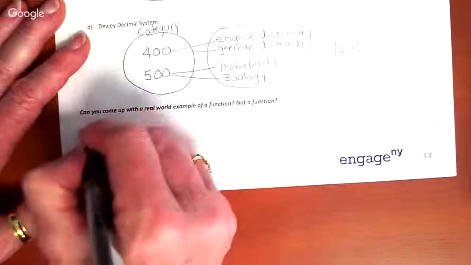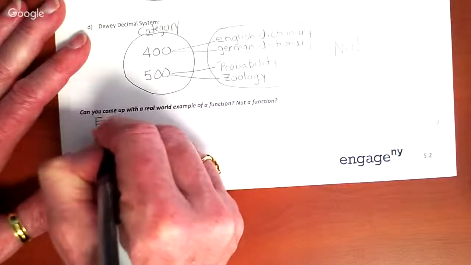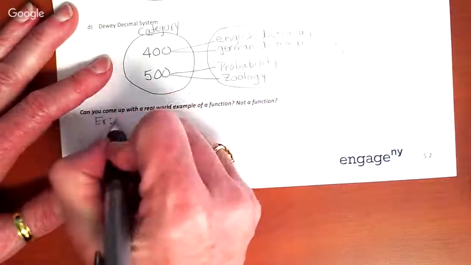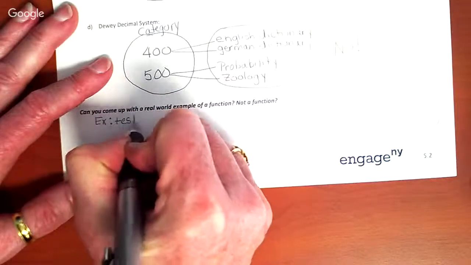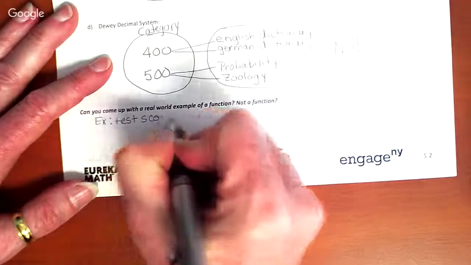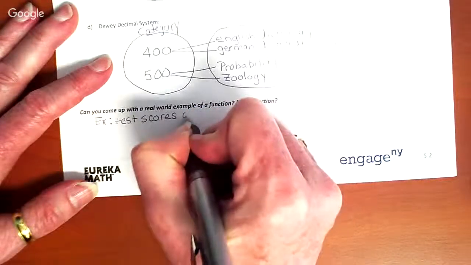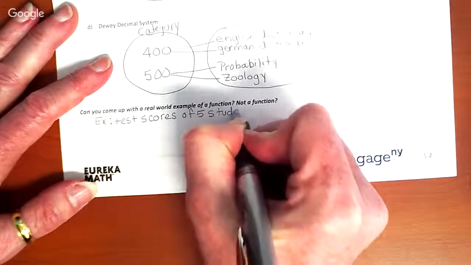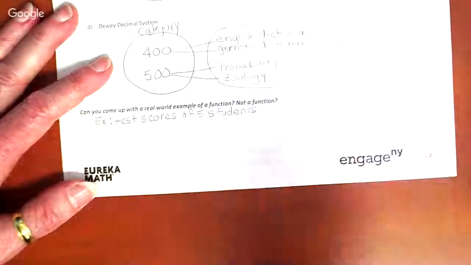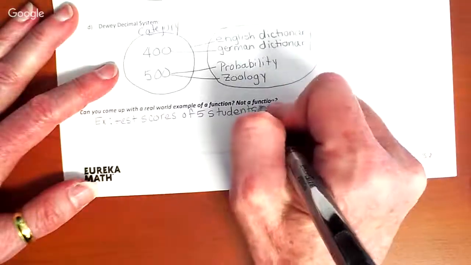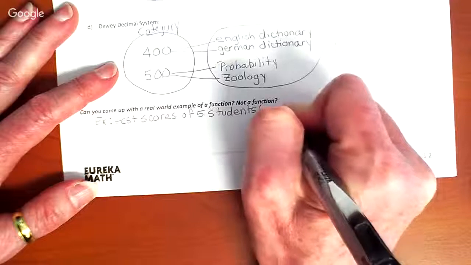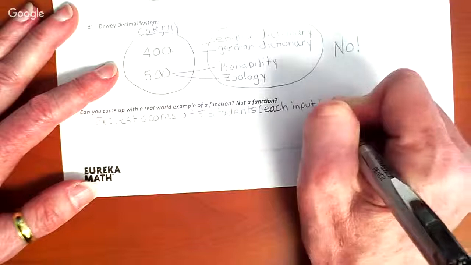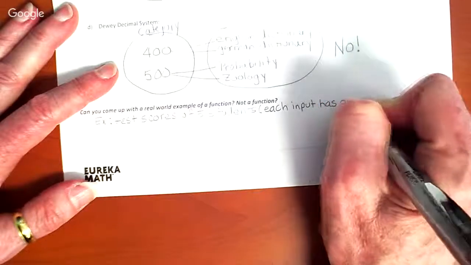Well, one example of a function, okay, test scores of 5 students. Each input has one output.